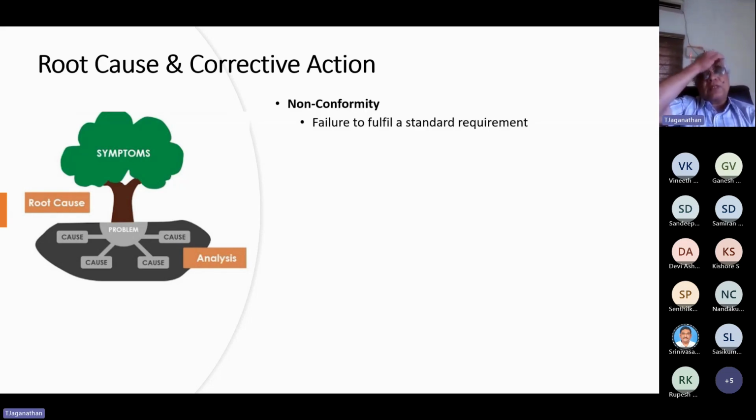Okay, so that is the root cause. Now the definition of certain things, non-conformity. This is as per management system definitions, and you can see it in 27000 also. Non-conformity is failure to fulfill a requirement. We keep saying non-conformance in an internal audit or external audit.